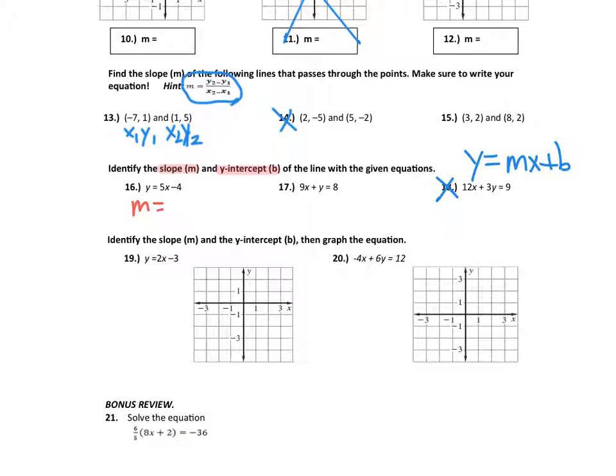So put m equals and b equals. First thing you got to do is ask, is this equation in slope-intercept form? If it is, then just write down the answer. This one is not. So you're going to have to move this 9x over first, get him over there, and then he'll be in slope-intercept form.